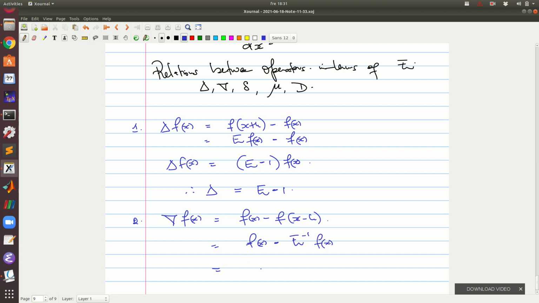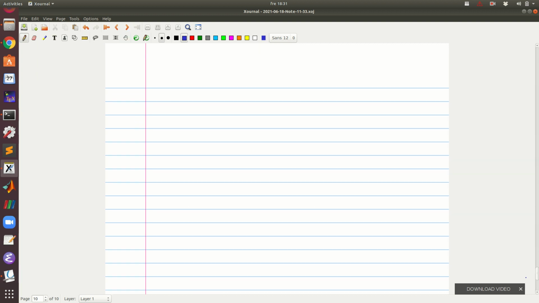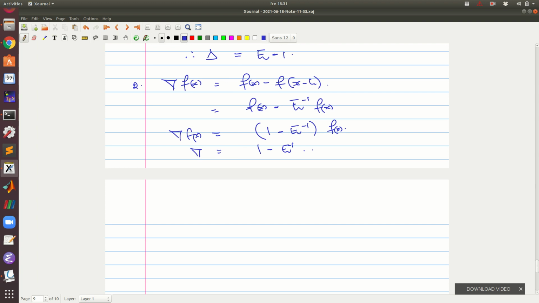So we can write this as 1 minus the inverse shift times f of x, and then the backward difference is 1 minus the inverse shift. We can further simplify this and say it is 1 minus 1 over E, which is equal to E minus 1 over E.